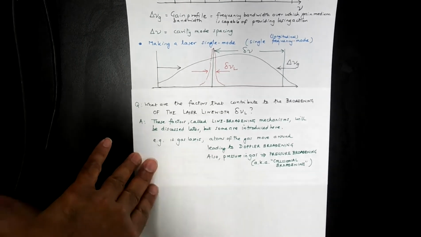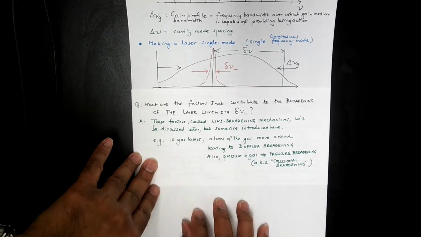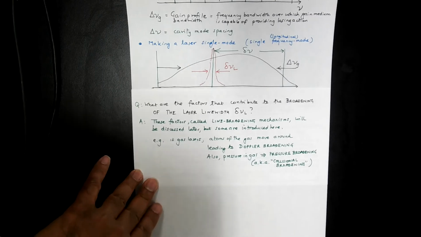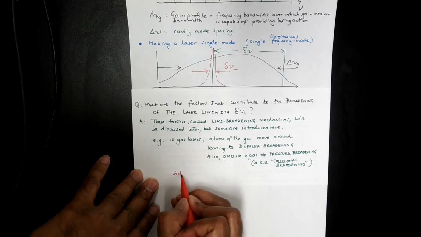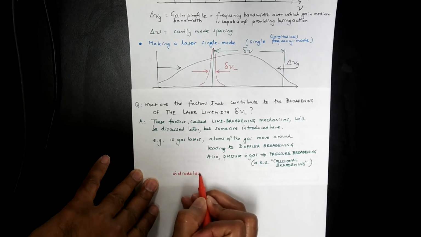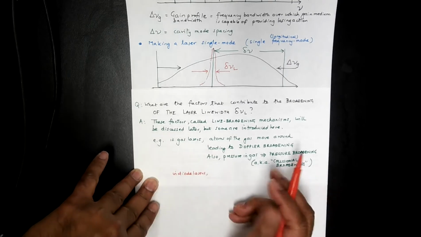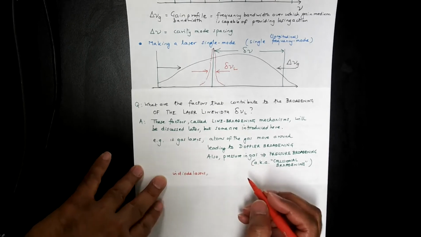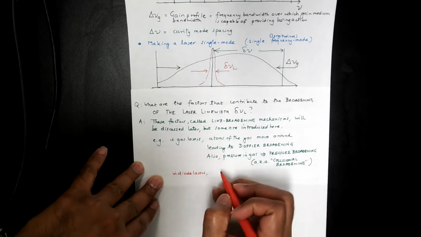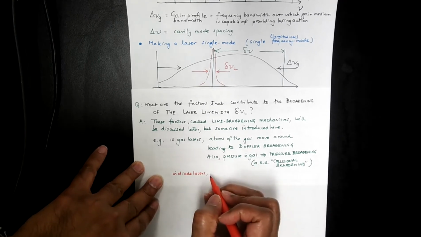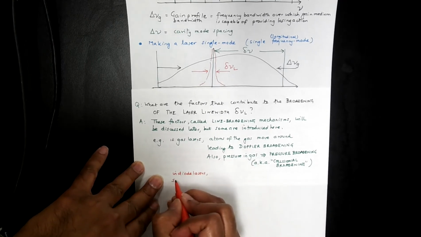And then of course in diode lasers, that would be a good one to look at. What we'll see is that there can be something in diode lasers and also solid state lasers.